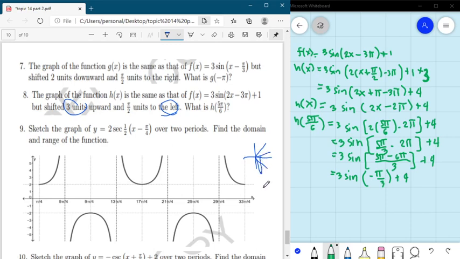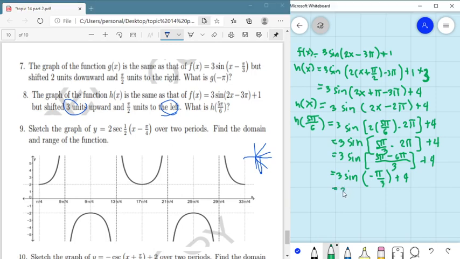So, sign there is negative, kay longer leg man ang y. So, negative square root of 3 over 2. Then plus 4. So, we can have 3, negative 3 square root of 3 over 2 plus 4.